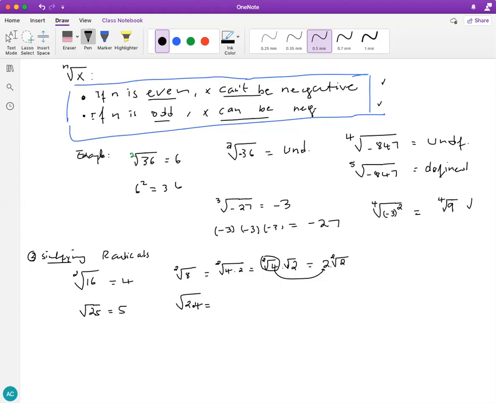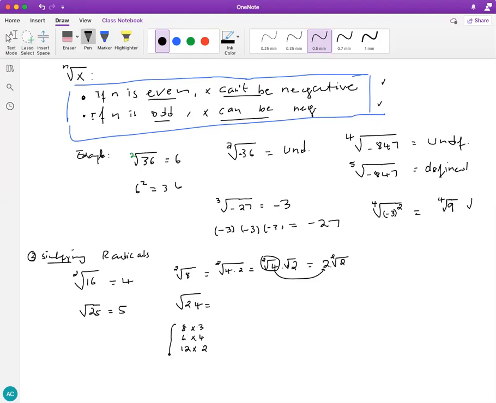We're going to try to break this down into a product of two numbers, and hopefully one of those numbers will have a perfect root, just like here 4 and 2. 4 has a perfect root. 24, we can turn it into different numbers, either 8 times 3. Wouldn't 4 and 6 be the best one? Probably, that's right, 6 times 4, and then we have 12 and 2. All these multiply to 24, but which one of them has a perfect radical, or the highest radical?